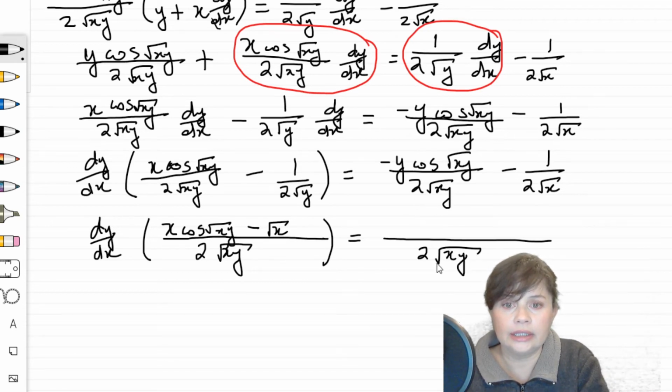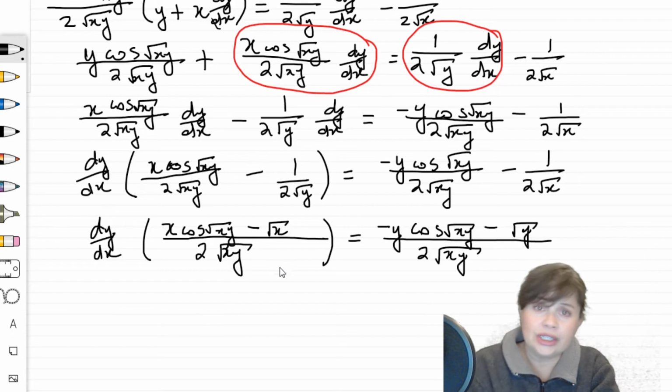That is the same, so then we can keep our numerator. If you divide this into that one, then all you have left is square root of y.